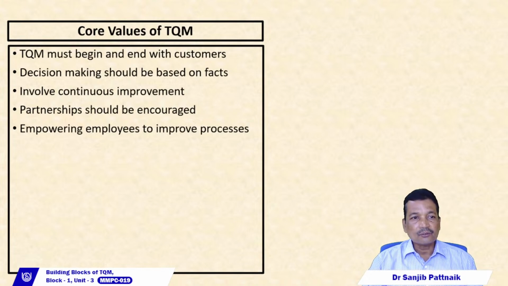Second value that we are talking is decision making should be based on facts. In an organization, while we are going for the approach of TQM, it requires lots of decisions. Decisions are there due to problems or confusions.